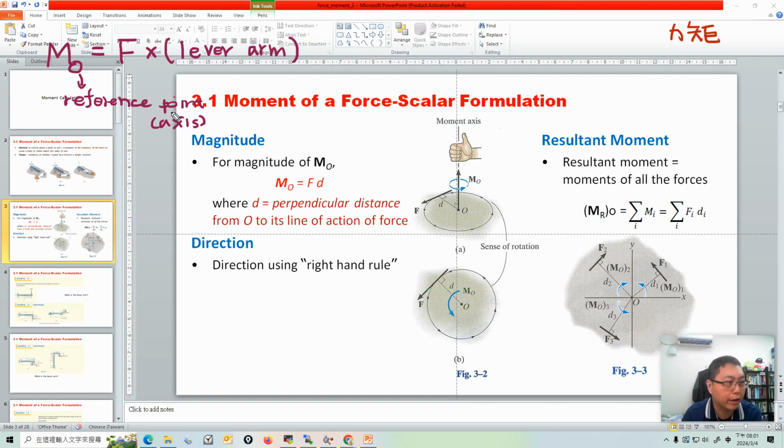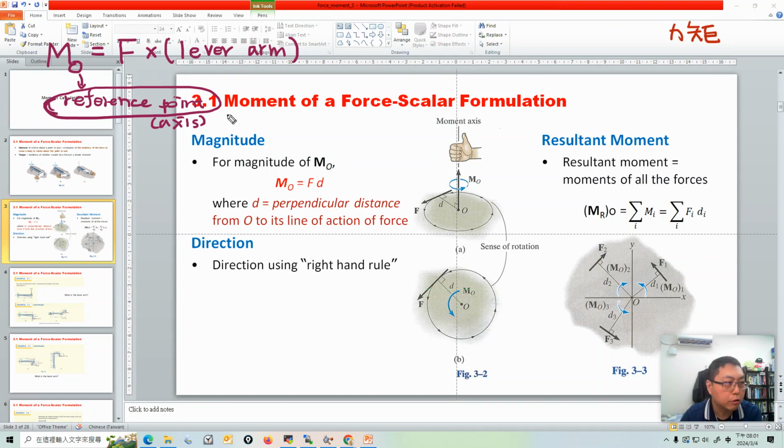The reference point is very important in moment calculation, because if you have a different reference point, you will have a different moment. Before you calculate the moment, you really need to know where your reference point is. That's very important.